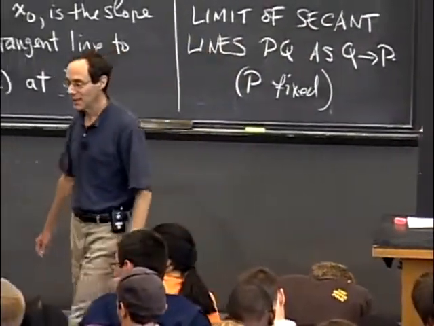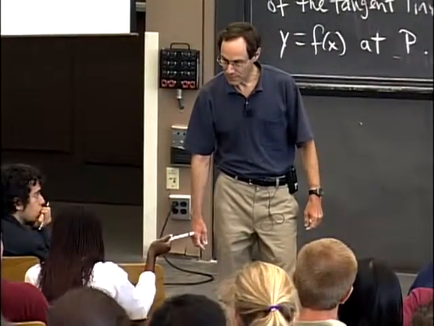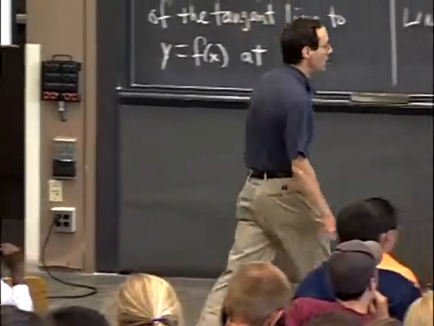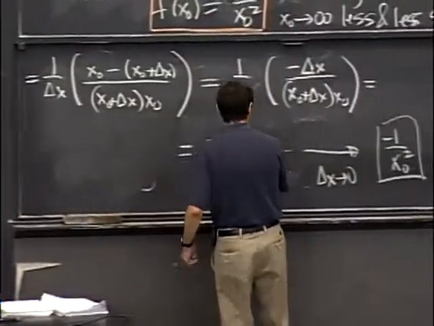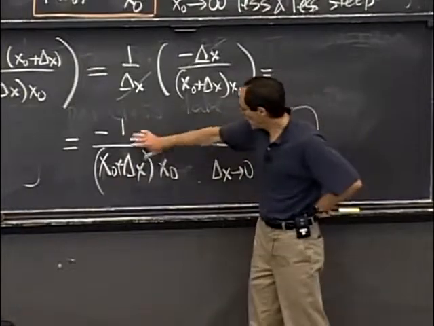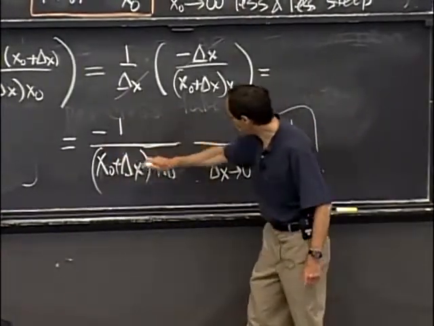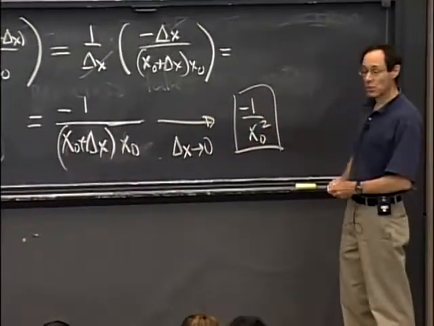Yes? So the question is to explain again this limiting process. So the formula here is we have basically two numbers. So in other words, why is it that this expression, when delta x tends to 0, is equal to minus 1 over x0 squared?